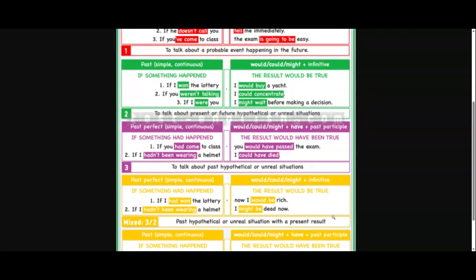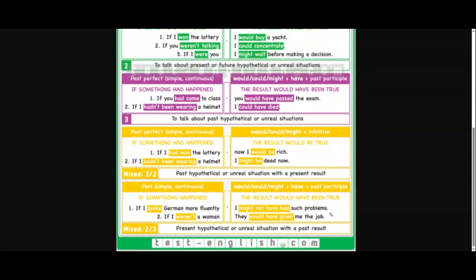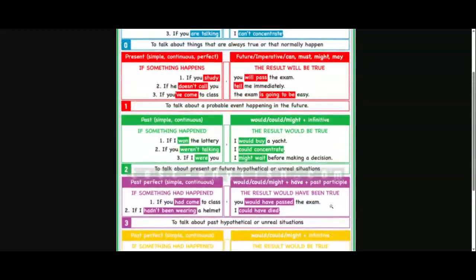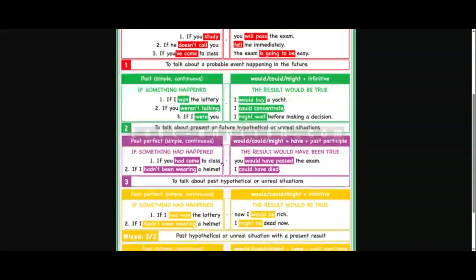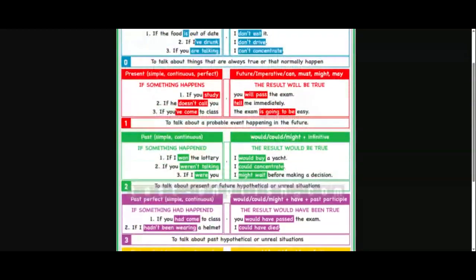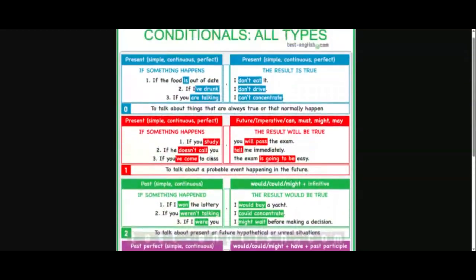We will not talk about mixed conditionals because they are kind of difficult to understand. But to manage mixed conditionals, we need to learn how to use second and third conditional, because mixed conditionals are combinations of second and third conditionals. Okay, so I really think that this is very important for you.